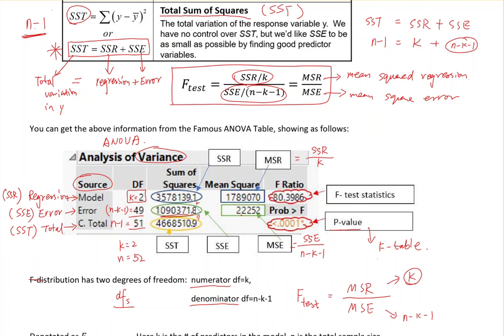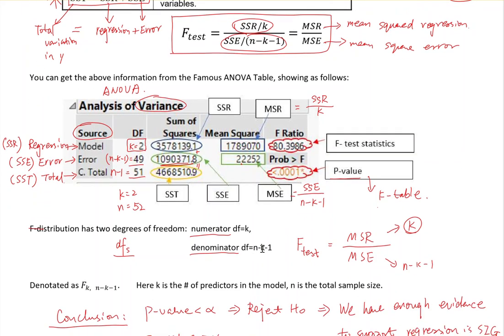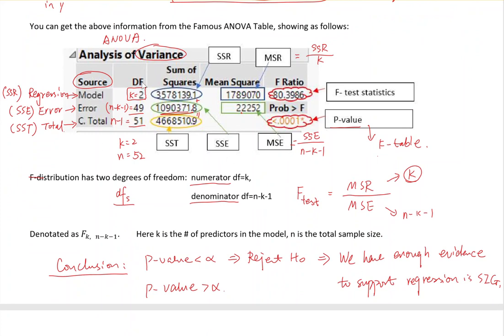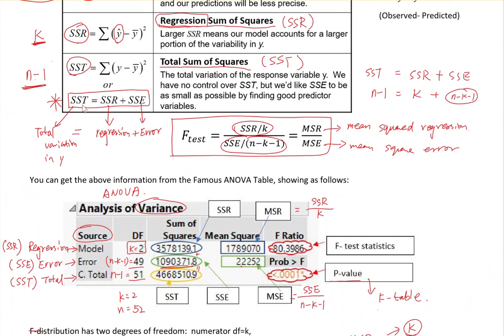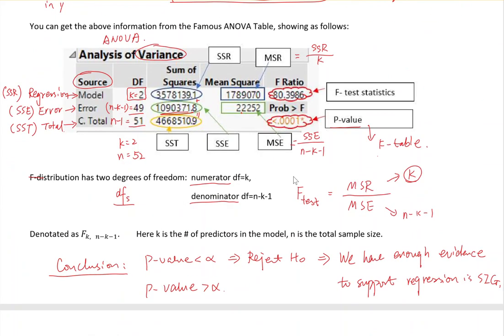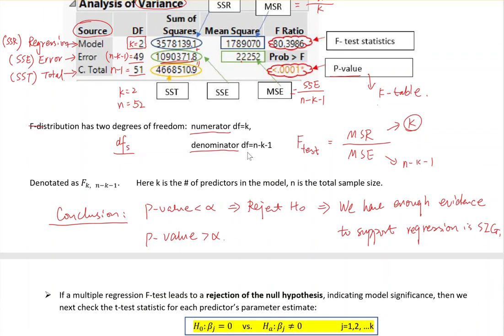Or I can make both blanks, because you can calculate based on SSR divided by its degree of freedom and SSE divided by its degree of freedom. So you need to understand the relationship between these three. Okay, you will have the in-class practice before this.